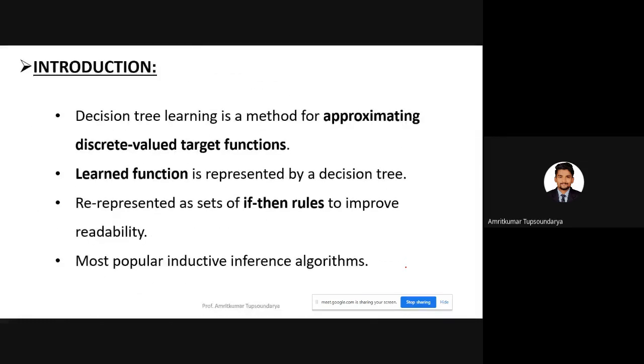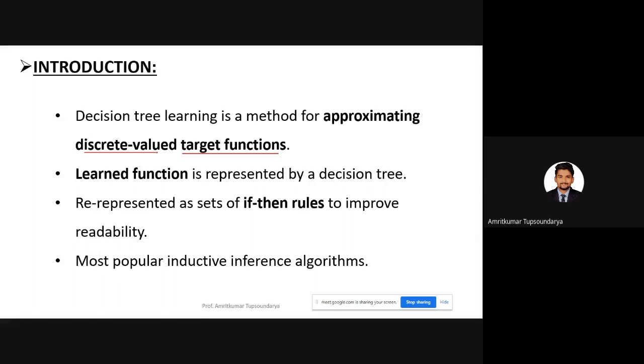Now, just to give a brief introduction to the decision tree: decision tree learning is a method of approximating discrete value functions. By now you must be clear on what target functions are and what a discrete value is.